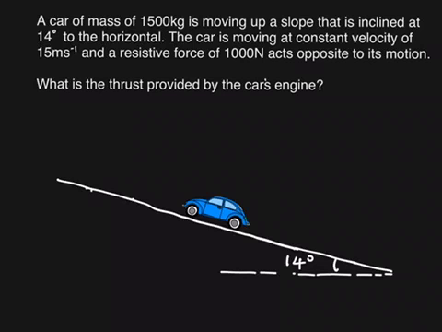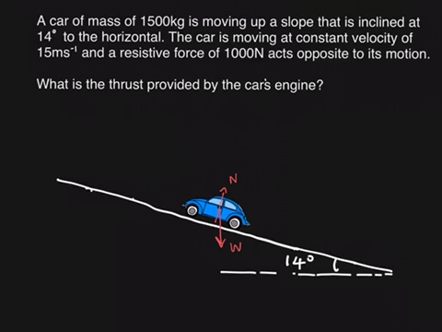Now, as we can see in the diagram below, it shows the car moving up the slope. It will be good for us to label the forces acting on the car. So, we have the weight of the car, which is acting vertically downwards. This is the weight. And then we have the normal contact force, which is perpendicular to the surface of the road.